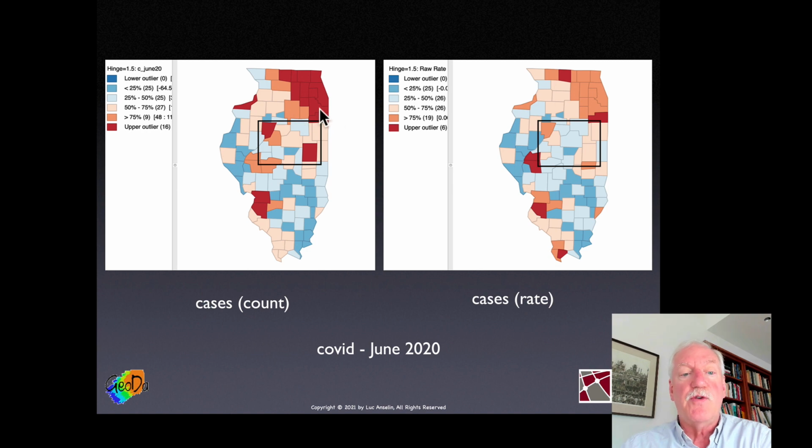After you correct for the population, there are only 2 counties that remain outliers. The rest are high, but not extremely high. So that's the purpose of converting the spatially extensive variable of a count to a spatially intensive variable of a rate, and never make a map of counts.